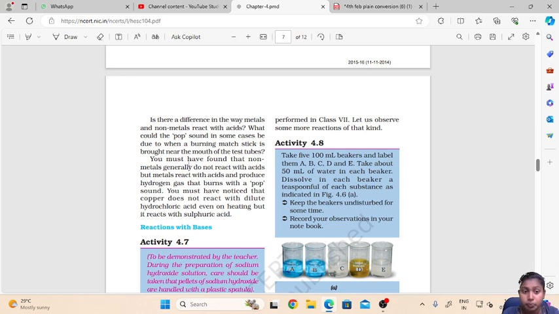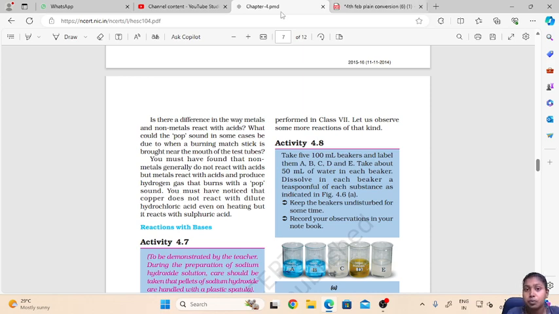Non-metals generally do not react with acid, but metals react with acid and produce hydrogen gas that burns with a pop sound. That pop sound is of hydrogen gas, which is formed during the reaction between metals and acid.